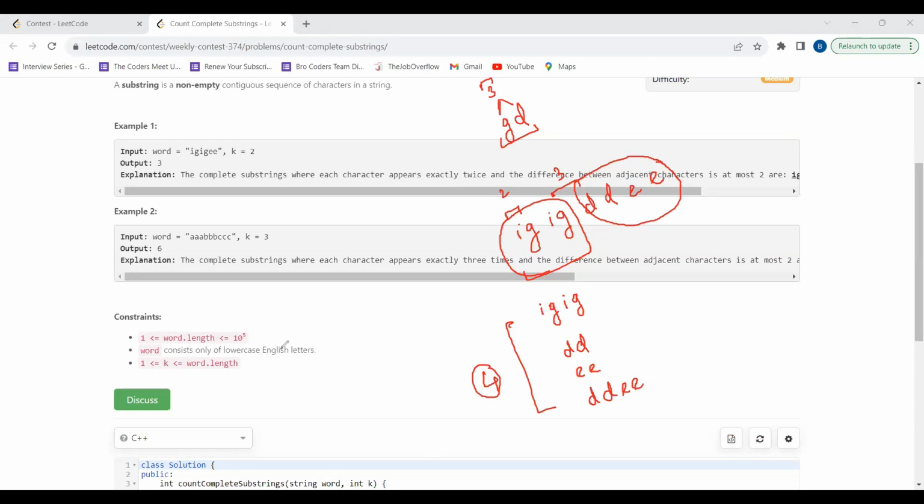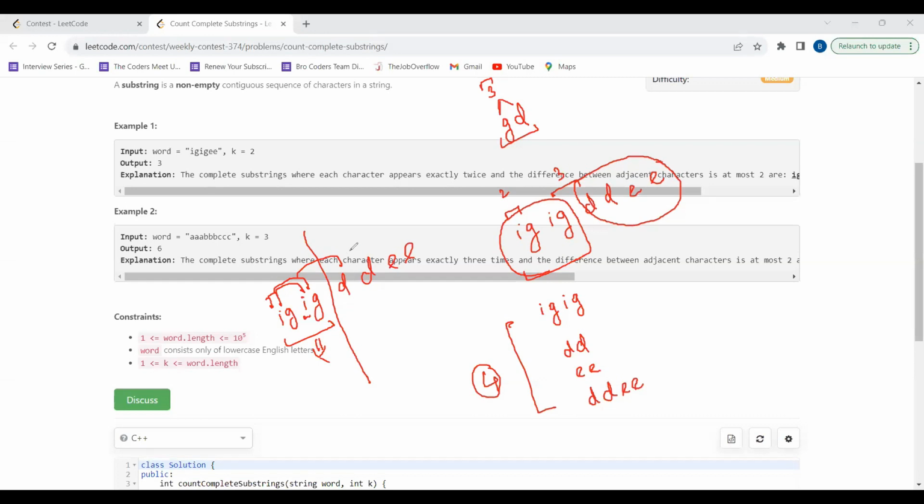Let me go again. IG, D, E. Now I'm traversing. I is the first element. Then G. The difference is not greater than 2. Then again I, not greater than 2. Then G, again not greater than 2 with I. Now D. The difference is greater than 2. We'll simply partition it. Now IG is our first string.